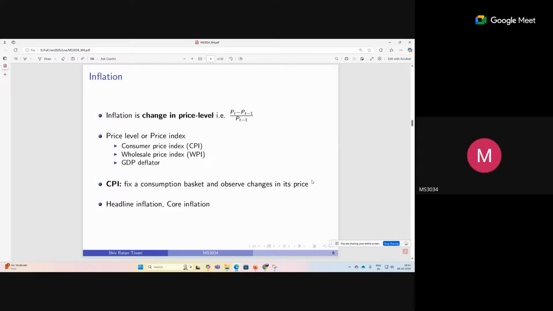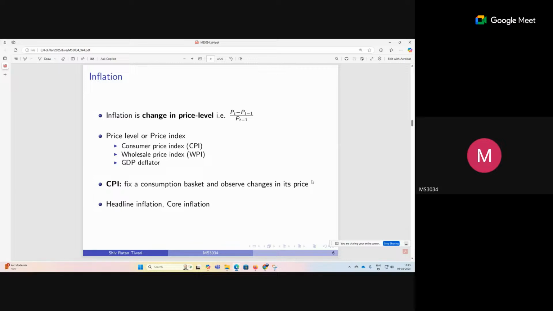And there are two other major price indexes. One is the wholesale price index, and another is the GDP deflator. If you understand consumer price index, and if you have any doubt regarding that, please raise it here. Now, in the consumer price index we calculated the prices of a basket comprising goods for particular consumers.